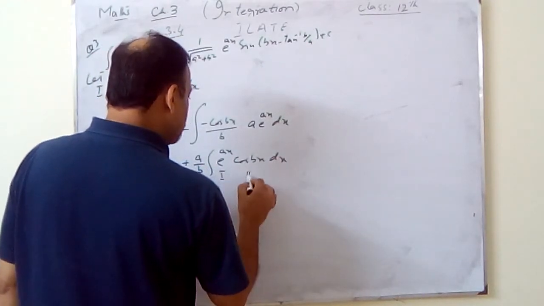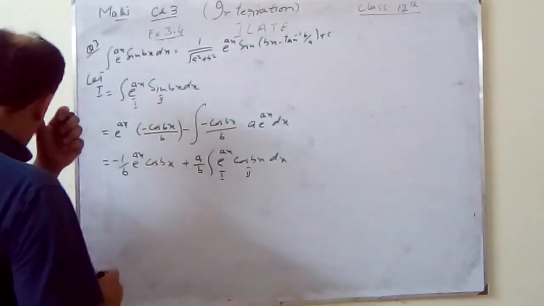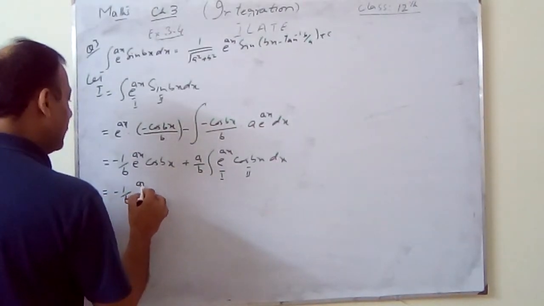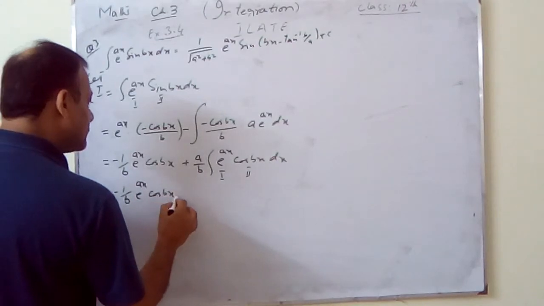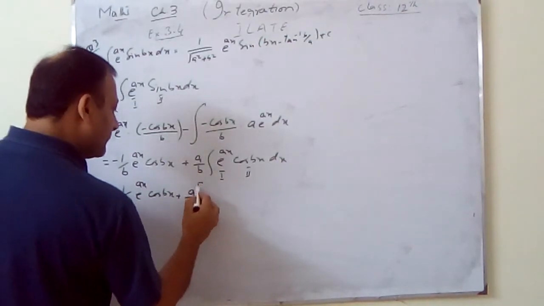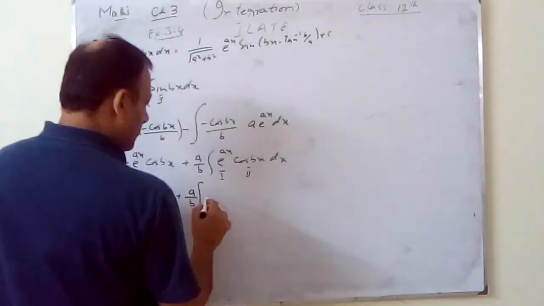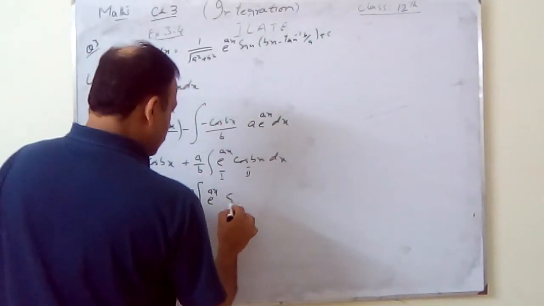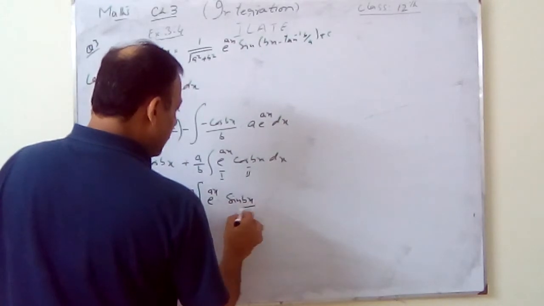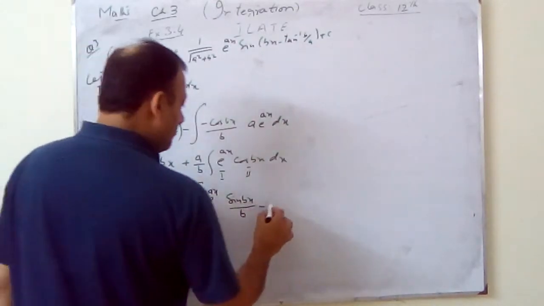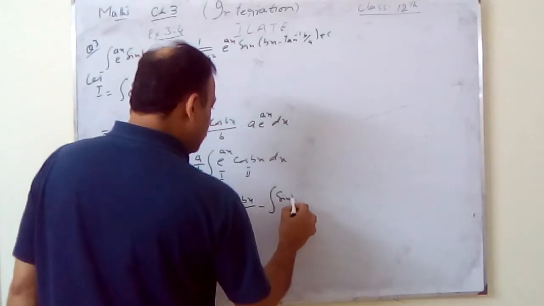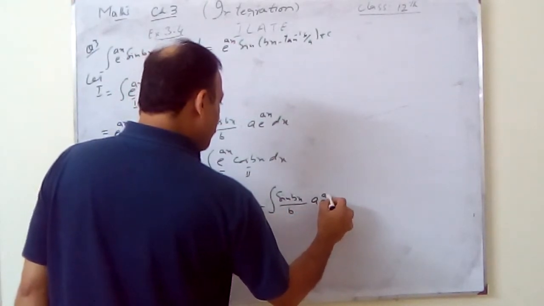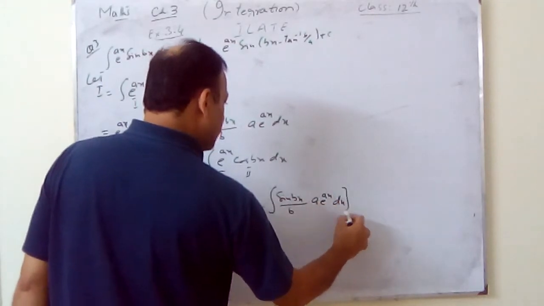Again, first function, second function: this remains the same, minus 1 over b e power ax cos bx plus a over b into first function times sin bx over b, minus the integral of sin bx over b into a e power ax dx.